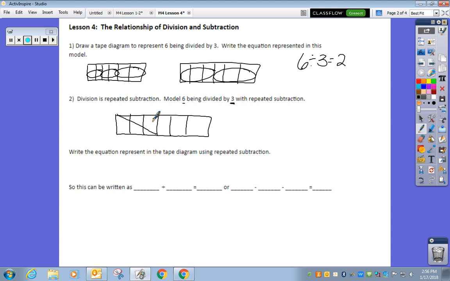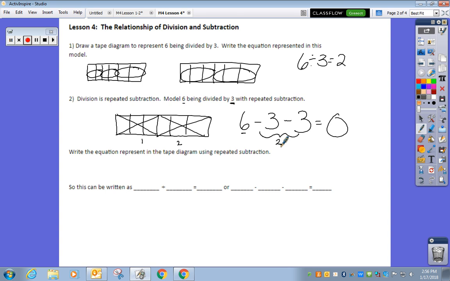So here's minus 3, so that's 1 subtraction. Here's minus 3, that's 2 subtractions. So I am taking 6, subtracting 3, subtracting another 3, and getting 0. That's another way to show 6 divided by 3 is 2, because I'm taking 6, I'm subtracting 3 twice.